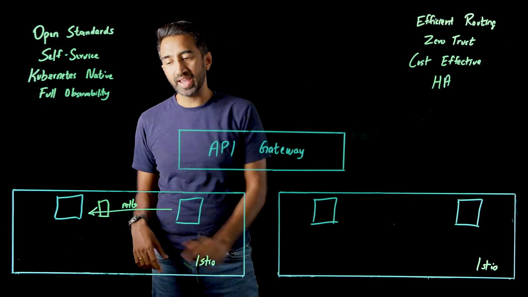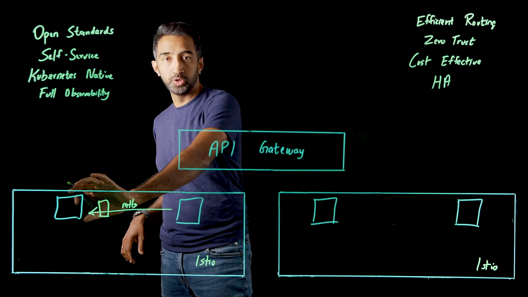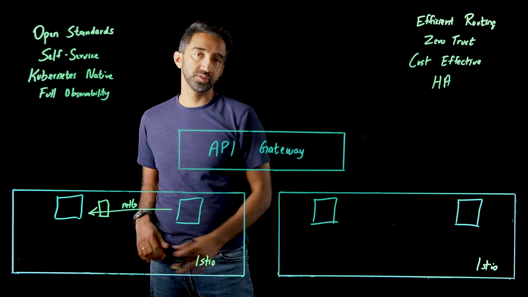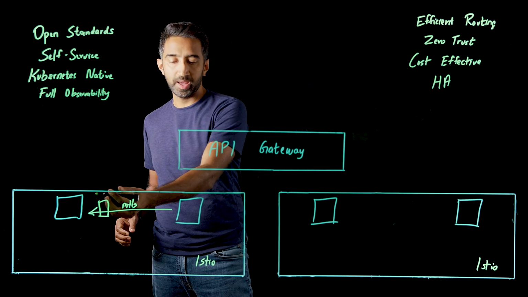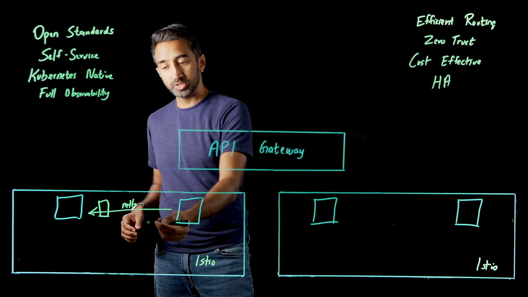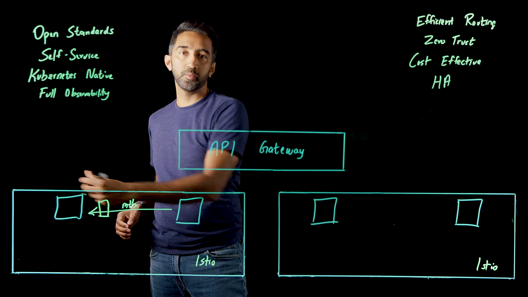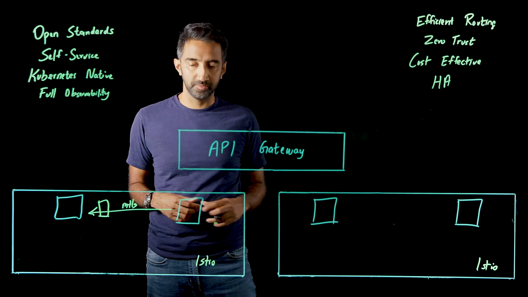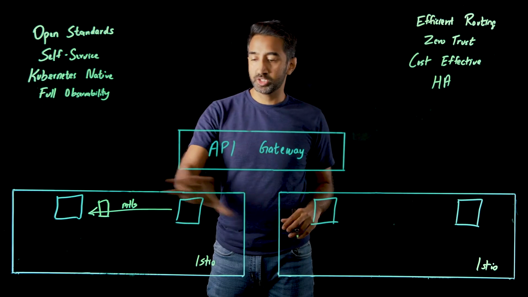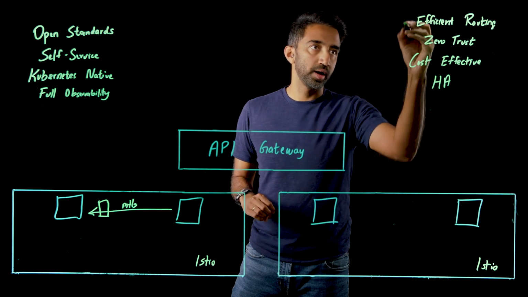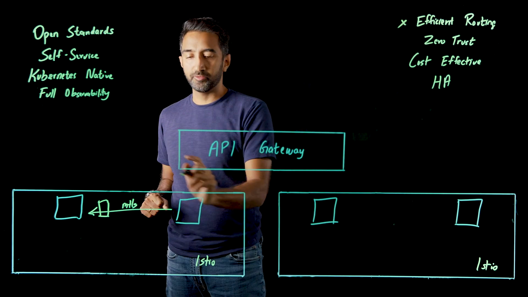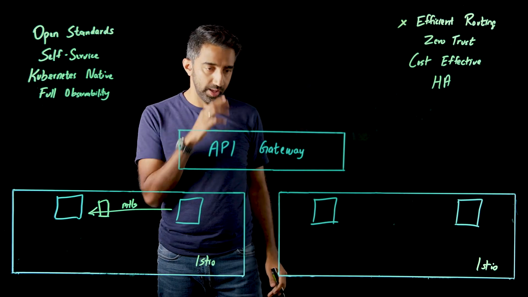This waypoint acts as a micro gateway to one or more of your services. So you can selectively choose which services need a waypoint and then deploy that waypoint, and traffic seamlessly traverses through that waypoint, which becomes your policy enforcement point. So what this will get you is the ability to route traffic efficiently from one service to another service.